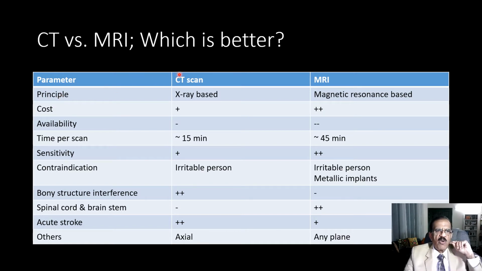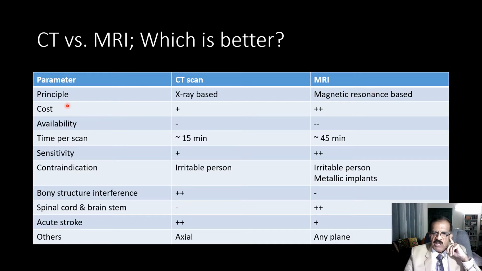The principle of CT is X-rays, whereas the principle of MR is magnetic resonance. This is radiation and this is without radiation. We know radiation can have some harmful effect, so this may be potentially harmful, especially in pregnant women. We can't do a CT scan, but MRI is considered safer in small children and the elderly.